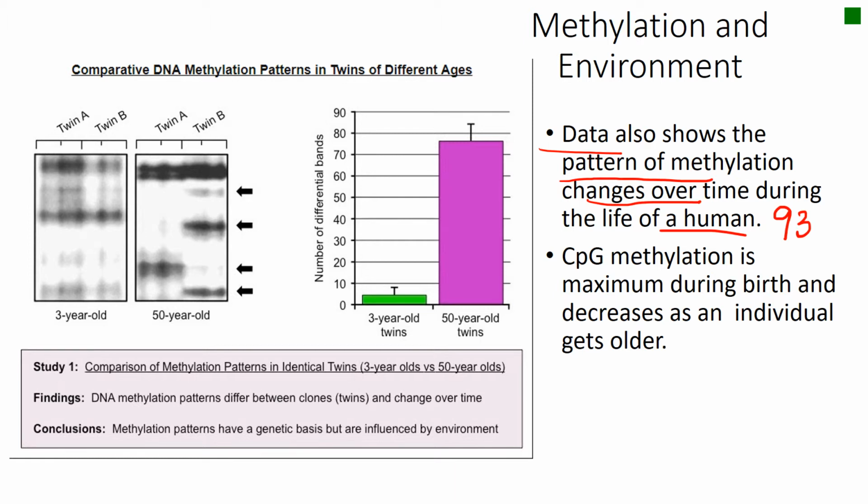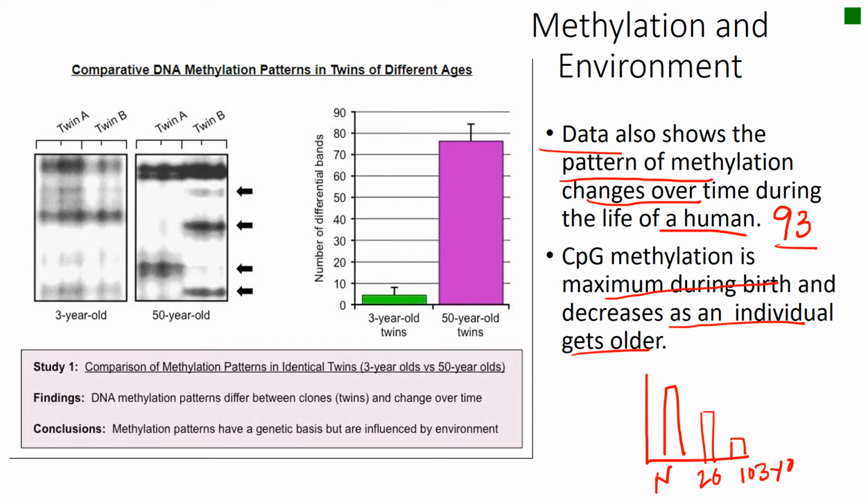From that diagram, you can see that newborn has the highest methylation, then the 26 years old, and the least will be 103 years old. So CpG methylation is maximum during birth and decreases as an individual gets older.